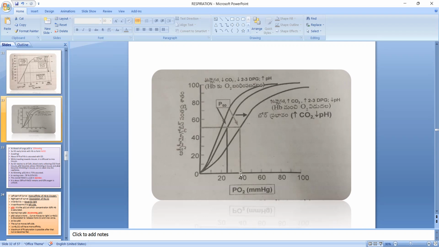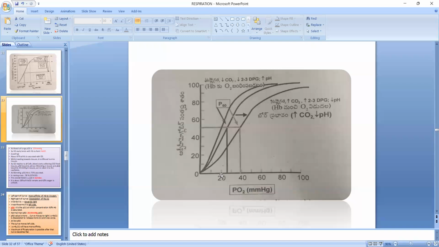If P50 value is more, so that indicates there is less affinity between Hb and O2. ఓకే, ఇక్కడ చూడండి, P50 వాల్యూ, ఇక్కడ లైక్ ఎర్త్వామ్ కేసు తీసుకున్నట్లయితే జస్ట్ 20 mmHg దగ్గరనే 50కి రీచ్ అయింది.